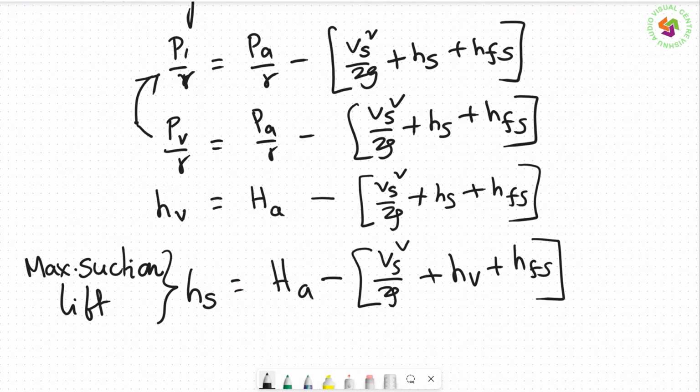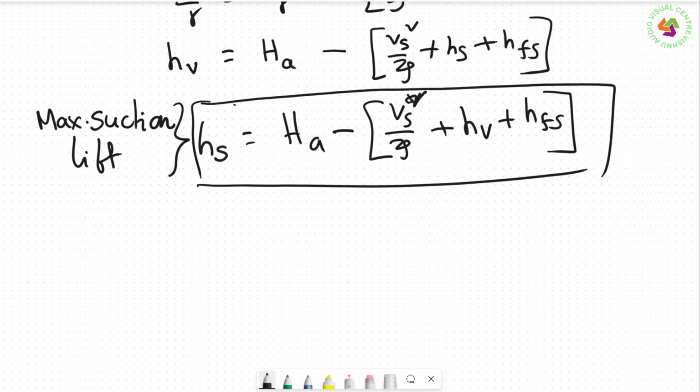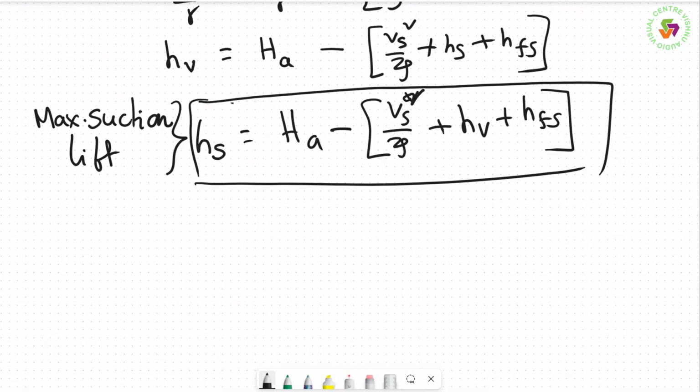This is the final answer. This is the equation we need to derive for the maximum suction lift for a centrifugal pump.